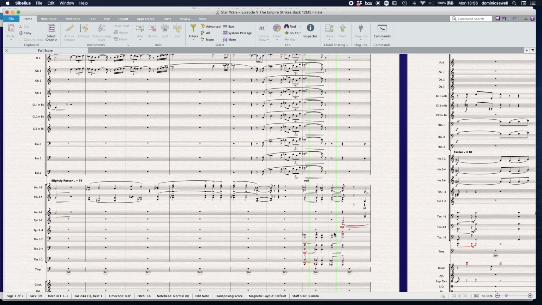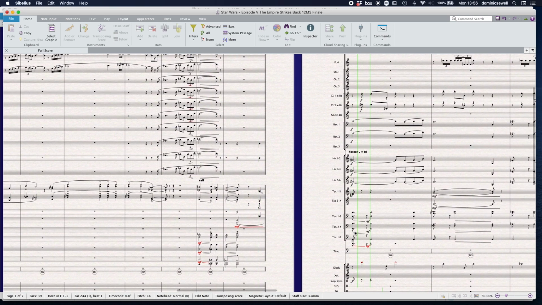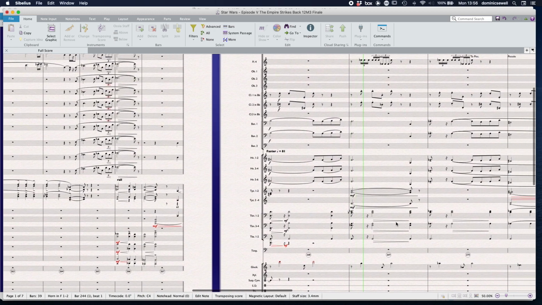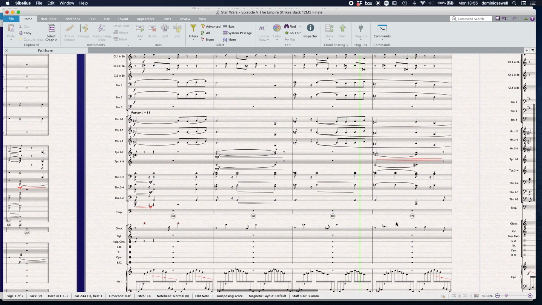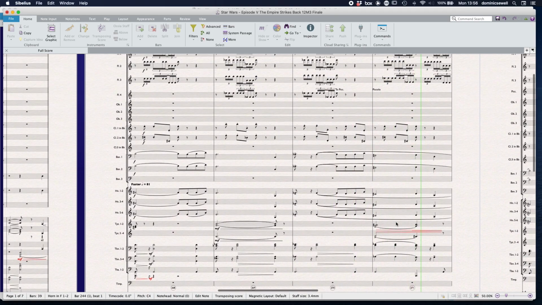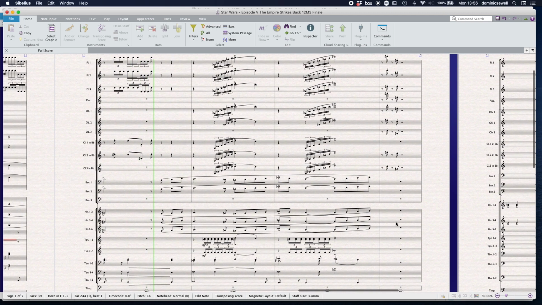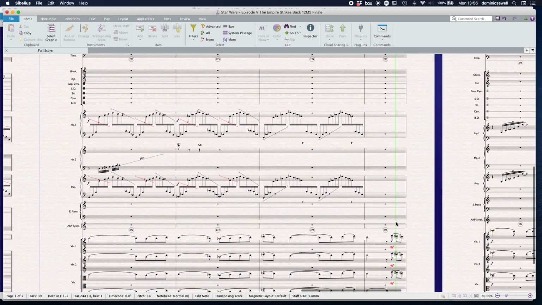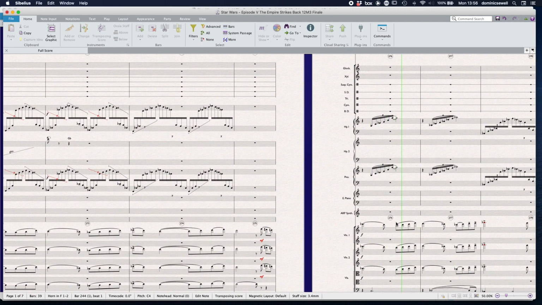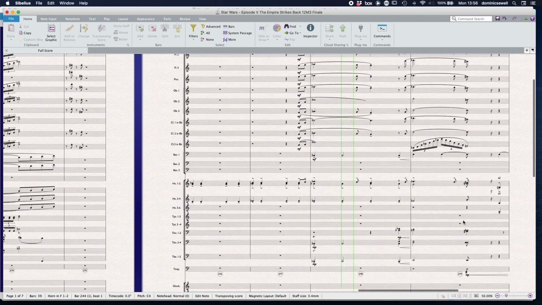Brilliant. Back to Leia's theme. Wonderful transformation. Sort of thins out, interestingly, because something else is about to happen.